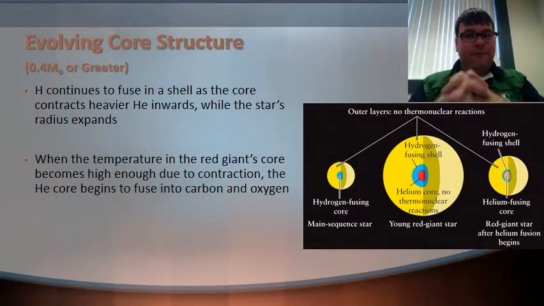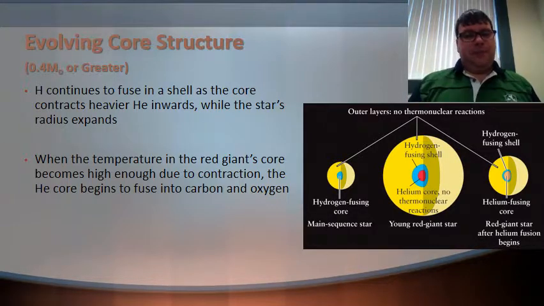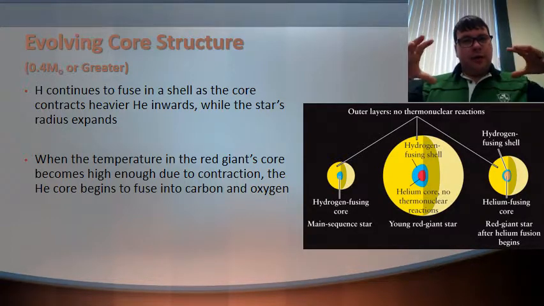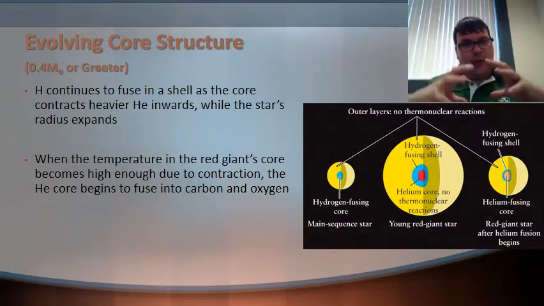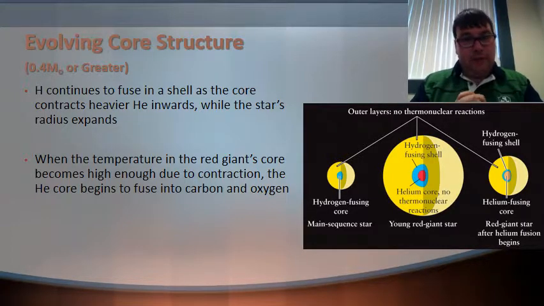If we're looking at how this star is changing, once the hydrogen has been primarily depleted, it's turning into helium, so it's getting heavier material. The helium being heavier will sink inward towards the core, forming a new core that is almost all helium.